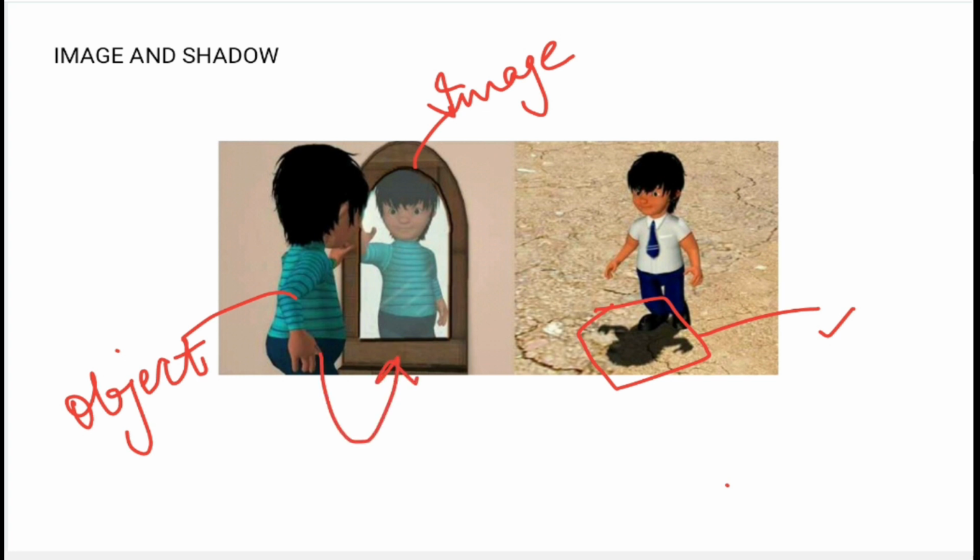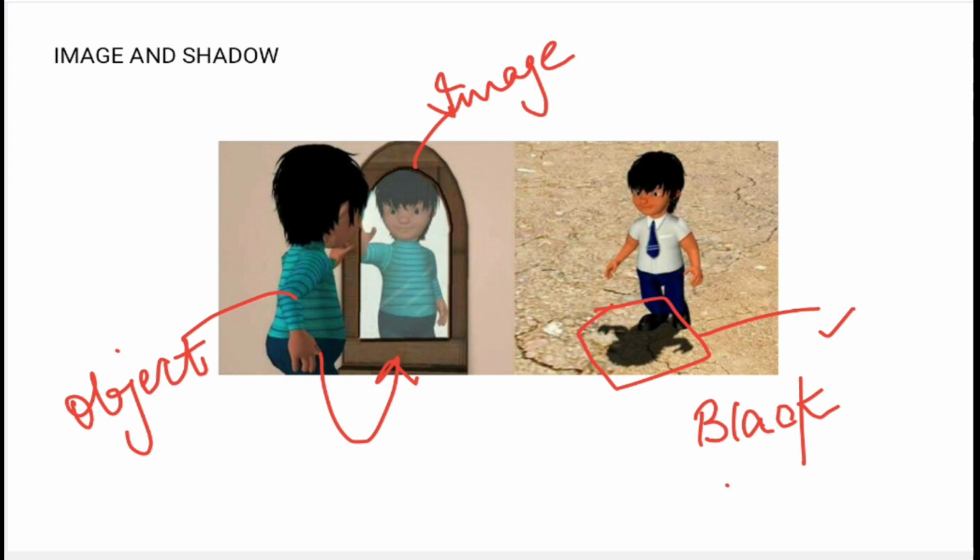But in the case of a shadow, what do we have? We have a black shadow, irrespective of the color of the object. We will always get that black shadow in front of us or behind us. It depends upon the source of light. If the source of light is in front of us, then we will get a shadow behind us. If the source of light is on our left side, then the shadow will be formed on the right-hand side.